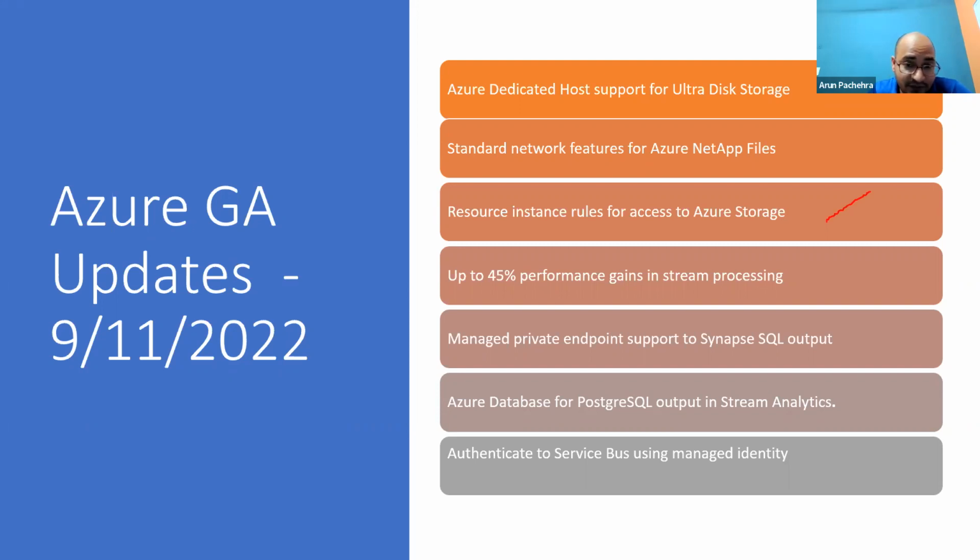Most of the PaaS services have this service firewall. But some Azure services operate on multi-tenant infrastructure, so resources of these services cannot be isolated to a specific virtual network. That's the problem statement for this update. So with resource instance rules, you can now configure your storage account to only allow access from a specific resource instance of such Azure service.